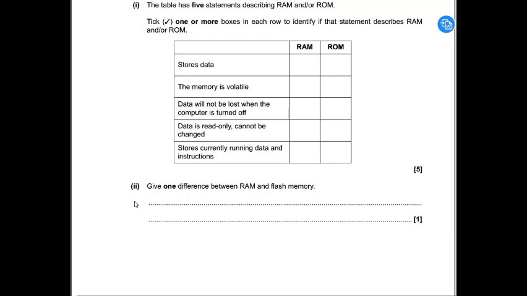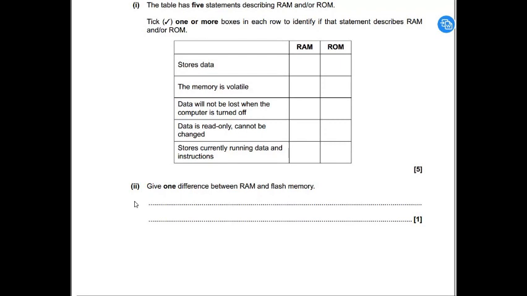RAM is faster to access, whereas flash memory is slower. RAM will store currently running programs, whereas the flash memory stores files and software. Where RAM can be directly accessed by a processor, the flash data has to go to the RAM before the CPU.